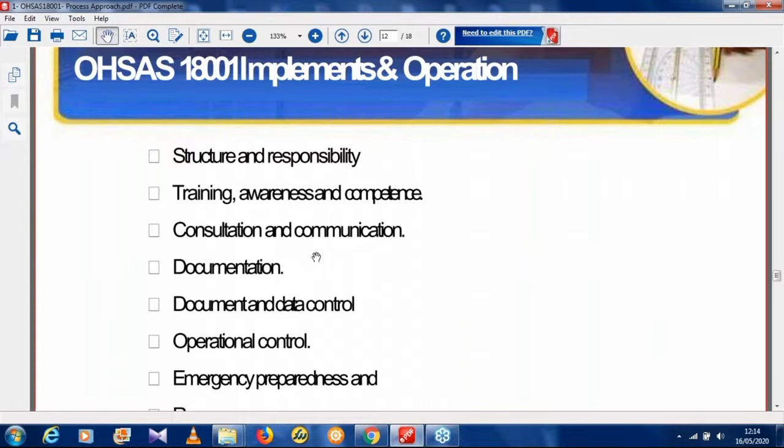Documentation: you must ensure that all records are put in place, all documents, proper documentation. In fact, if there's an accident, it should be recorded. The investigation report should also be documented. The HAZID, that is hazard identification, and the HAZOP, hazard and probability studies.